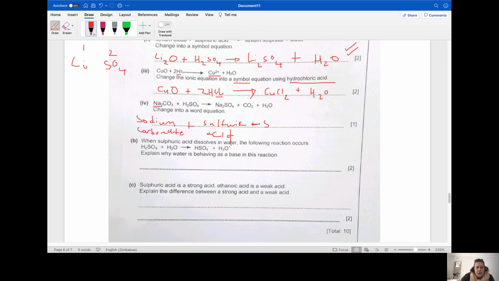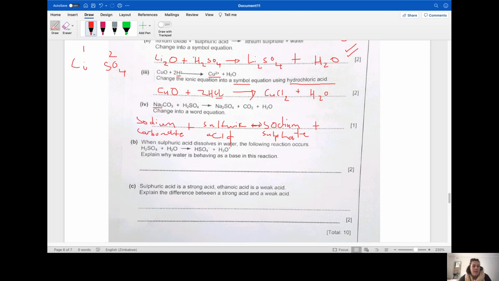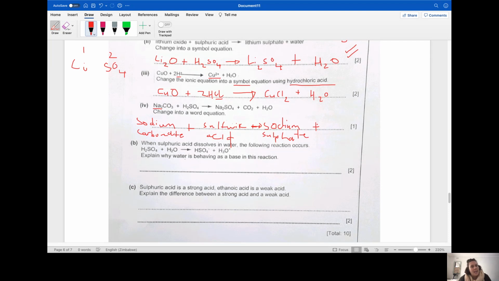Na2SO4, that should be an arrow, is sodium. Na. SO4 is sulfate. Plus, I'm not going to write it, but carbon dioxide plus water. You had to write the whole thing out. Changing it into a word equation you should not struggle with. Maybe question 2 and 3 was slightly trickier. Here you got a mark for each formulae and you got a mark for it being balanced again.